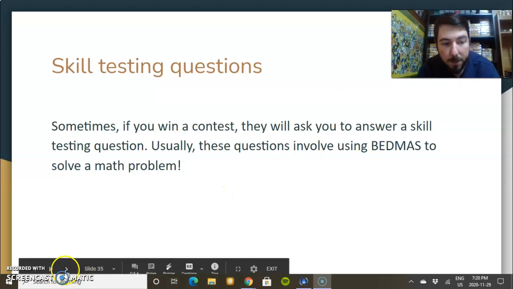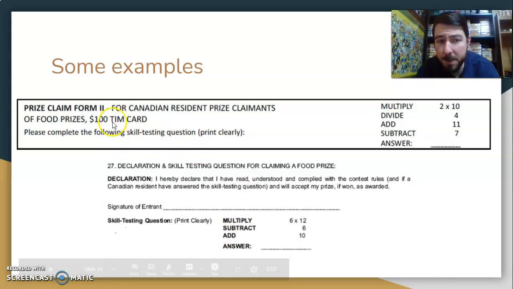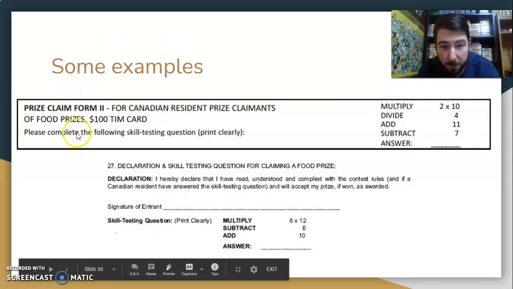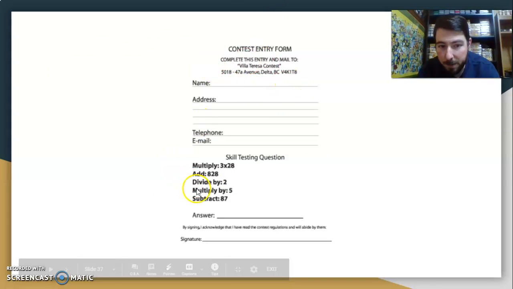I have some examples here. These are just pictures that I copied off of the internet. Here's one for a $100 Tim's gift card, and you just had to do some simple math, nothing too difficult. Here's another one for claiming a food prize. Here's another one, a contest in BC.